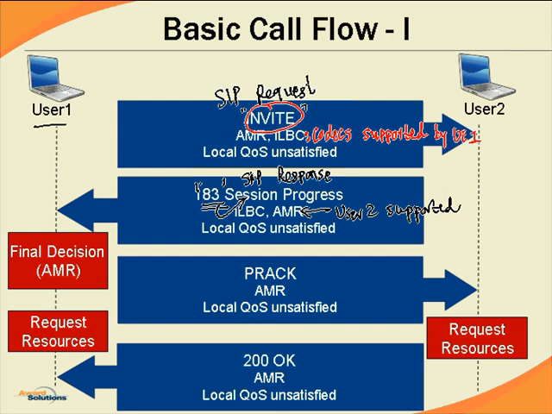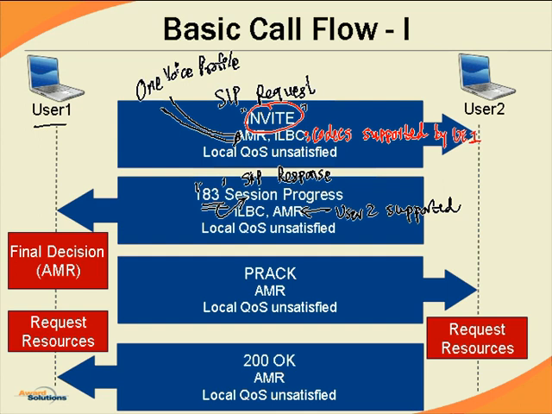So now we have to find the common ground. AMR, adaptive multirate, this is the one we have chosen for our voice over LTE, one voice profile. iLBC, that is internet low bitrate codec.